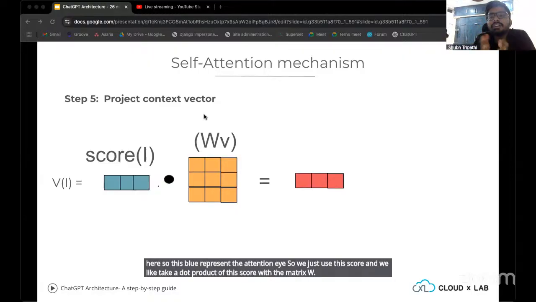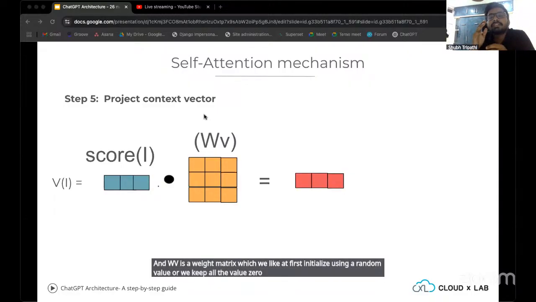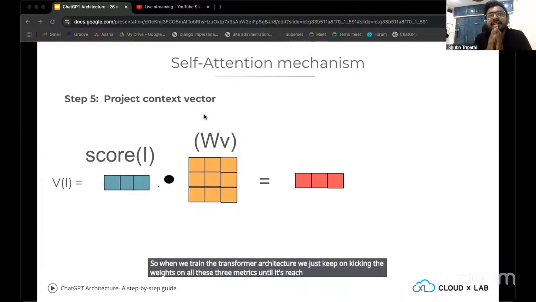The WV is the weight matrix which we at first initialize using random values, or we keep all the values zero, and then we tune the weights during the training process. For the transformer model there are three matrices which it needs to learn during training: one is WQ, one is WK, and one is WV. When we train the transformer architecture, we keep tweaking the weights on all these three matrices until it reaches an optimal state. I hope it's clear to you.